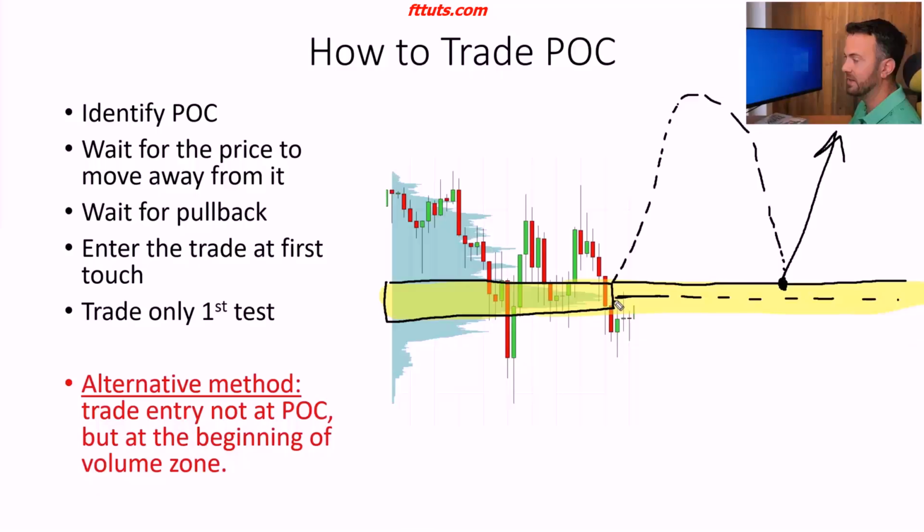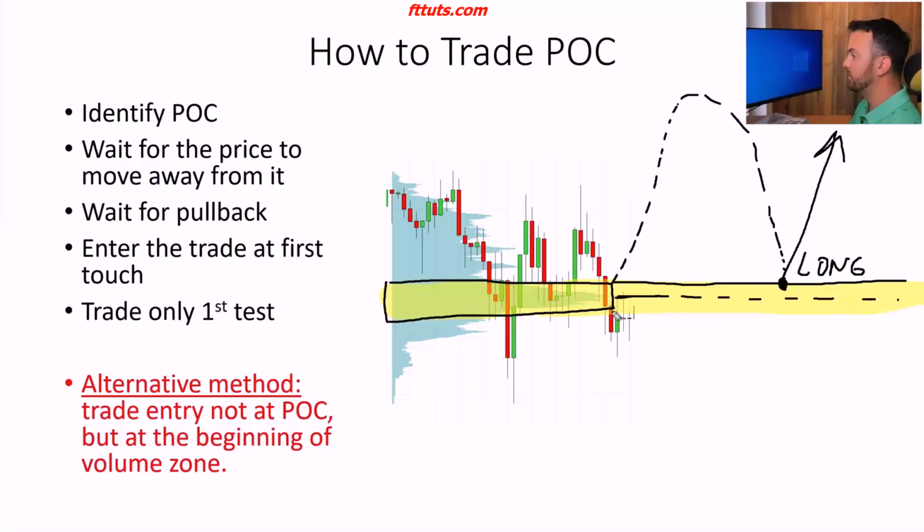I was missing a lot of trades. Many times the price just reacted a little bit sooner. So I started to place the entry level at the beginning of that heavy volume zone, and my results improved a lot. So this is a little tweak to that strategy that I'm currently using, and it works nicely for me. So this is long trade scenario.